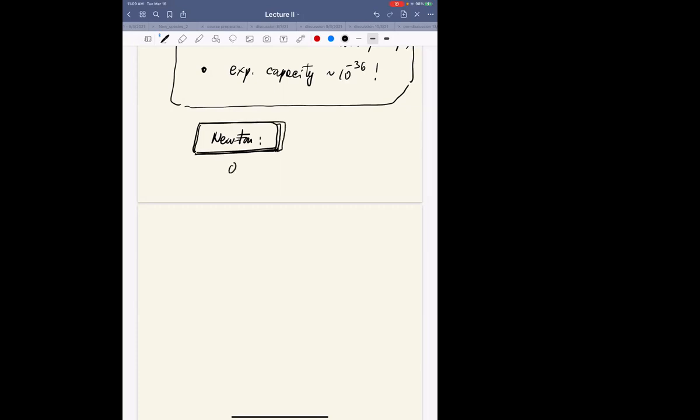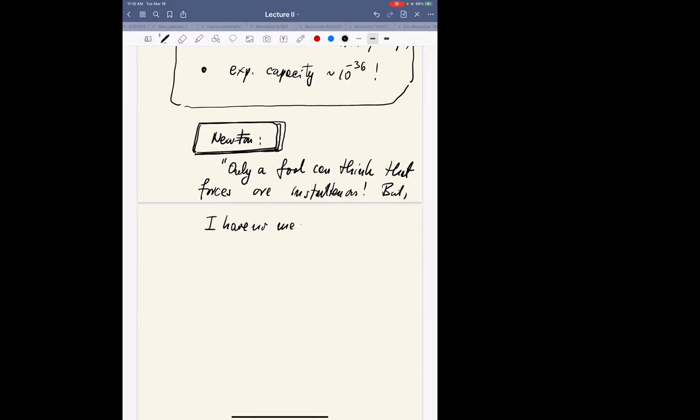So he says, only a fool, says Newton, can think that forces are instantaneous. But, he says, I have no means of describing the gravity messenger.